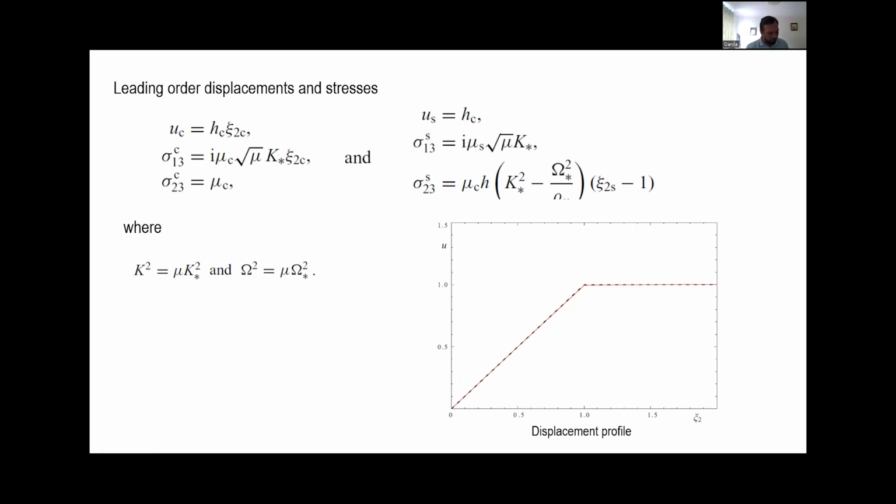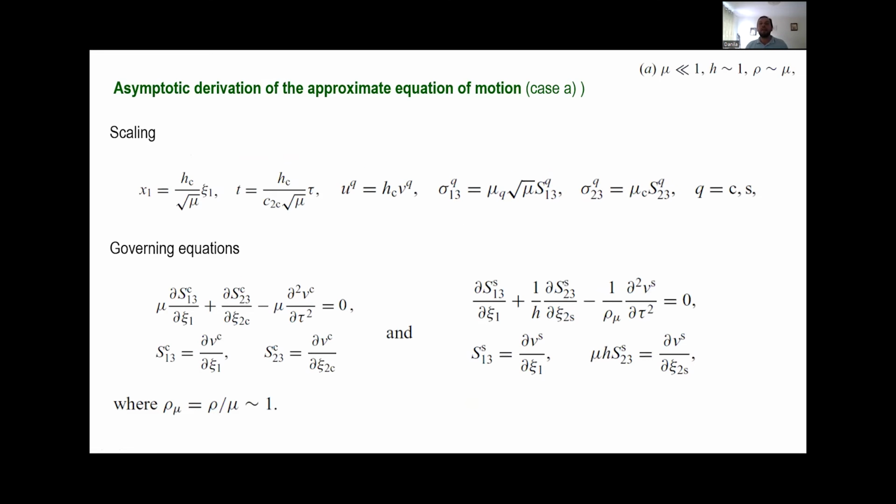Okay, now moving further, let us now present the asymptotic procedure, how we can derive the approximate equation of motion. So I will only be dealing with case A here. Case B is also treated in the paper that I cited by Ludmila and co-authors in 2020.